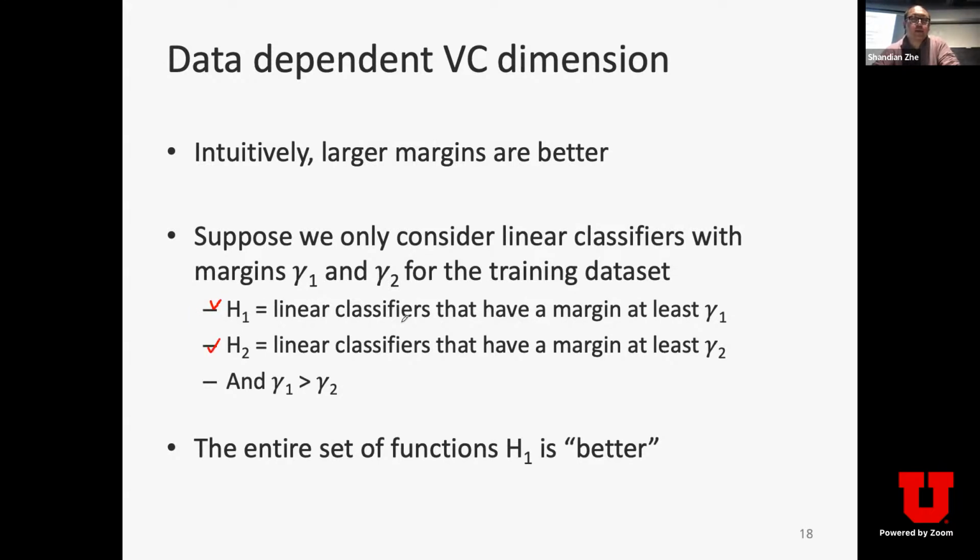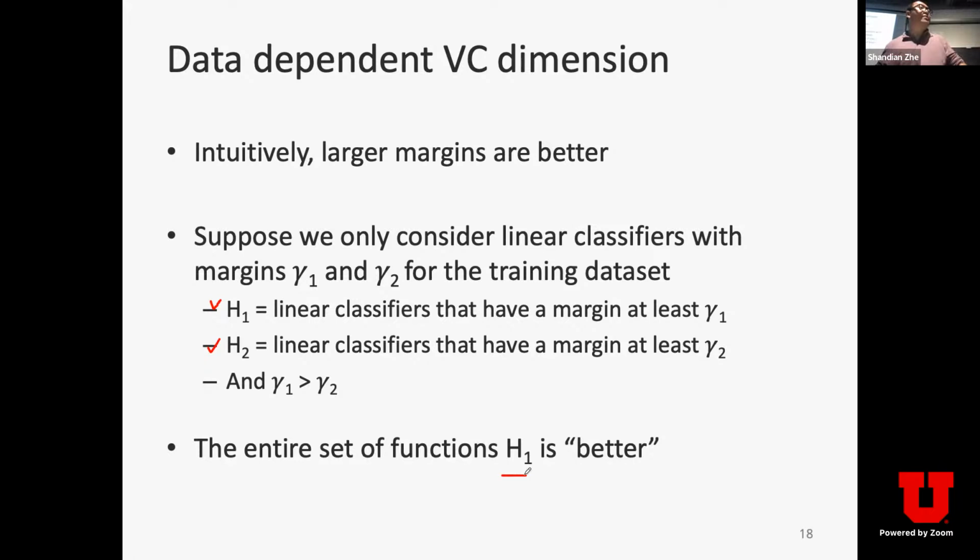H1 consists of linear classifiers that have a margin at least gamma 1. H2 is the linear classifiers that have a margin at least gamma 2. We have gamma 1 bigger than gamma 2, so the linear classifiers in H1 generally have a larger margin than the classifiers in H2. Then our intuition tells us that the entire set of functions H1 is better.